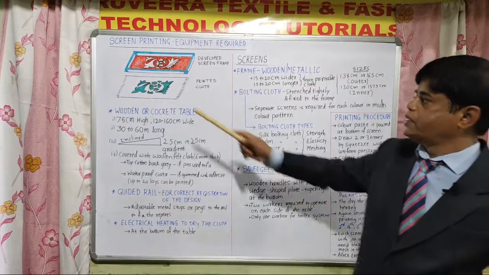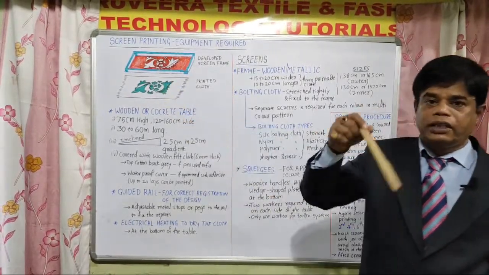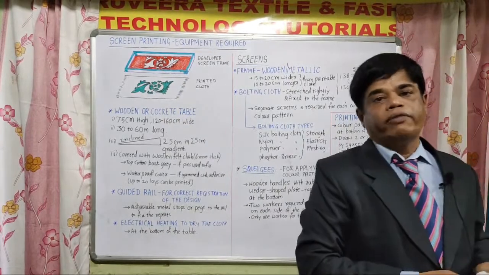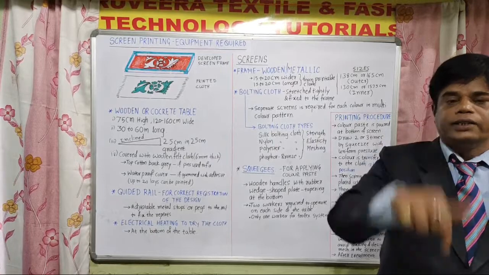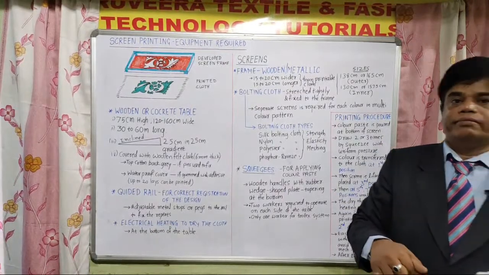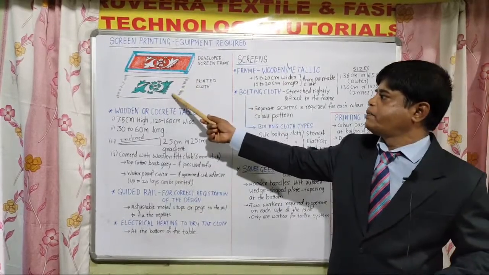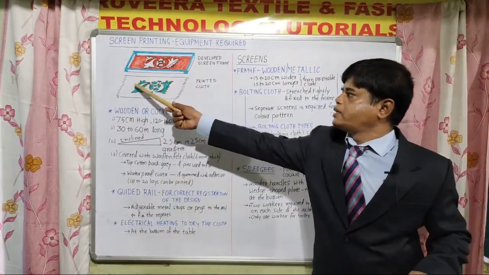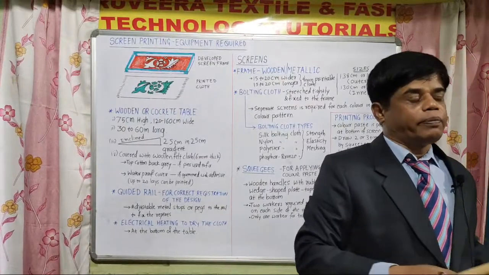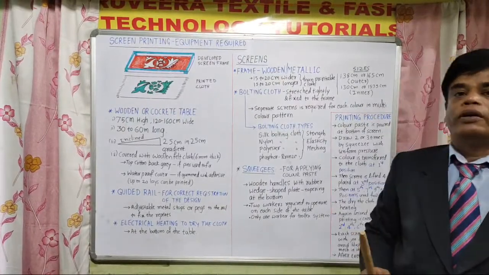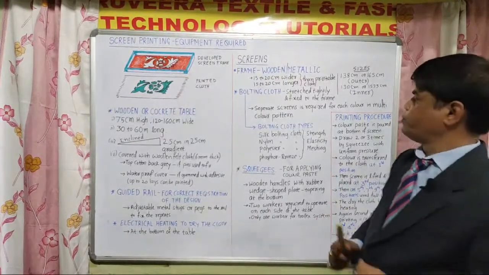Whatever the design is, this area is open. The interstices between the warp and weft of the cloth, the orifices, let the color enter through, like filtering. In the other part, the color does not enter because those orifices are all blocked. Hope you have understood, friends.